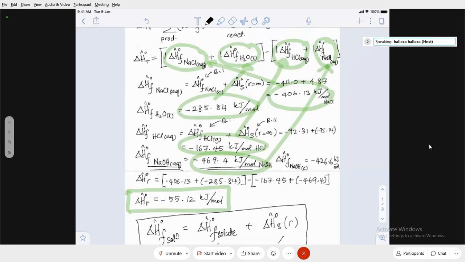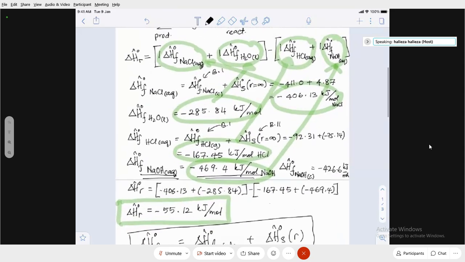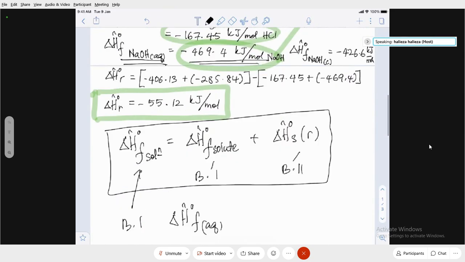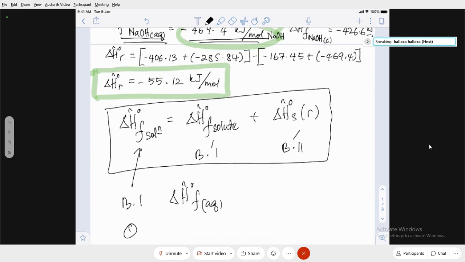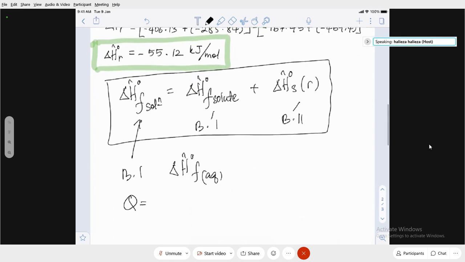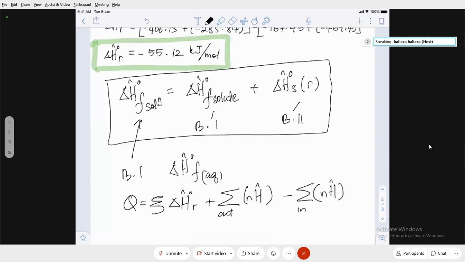Okay guys, any questions? We're just calculating the heat of reaction. You need to know the heat of reaction because when you calculate the energy balance, you have that extent of reaction times your heat of reaction, then you have the sum of the products of molar flow rate with enthalpies out, minus the sum of the products of molar flow rate with enthalpies in.